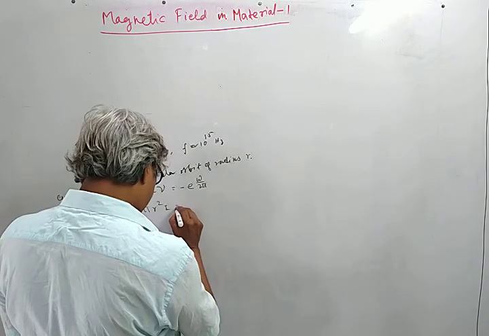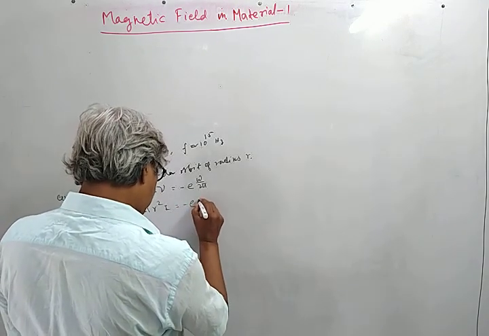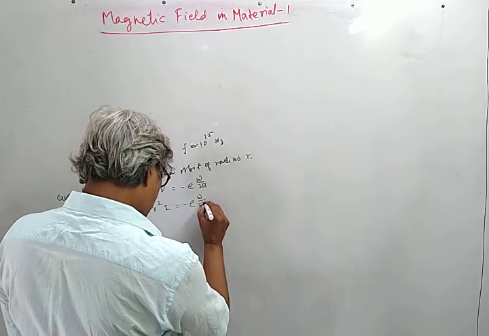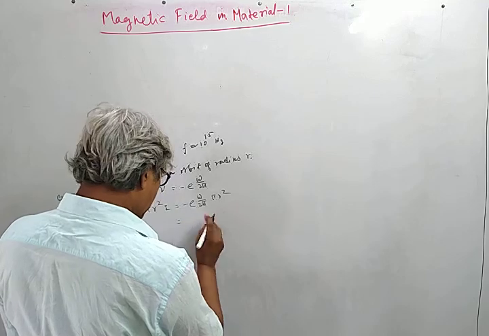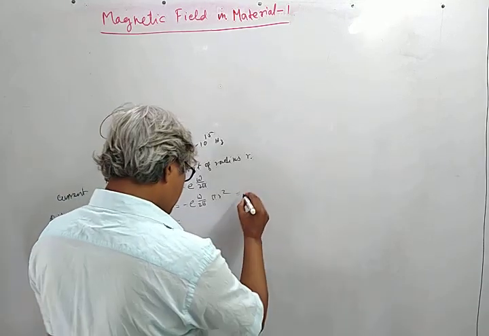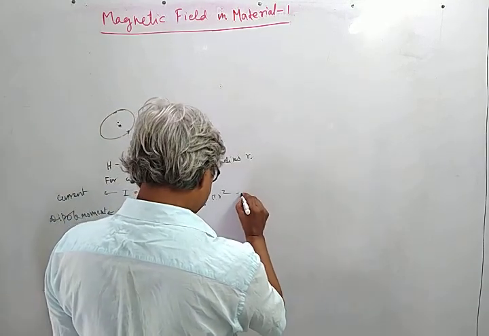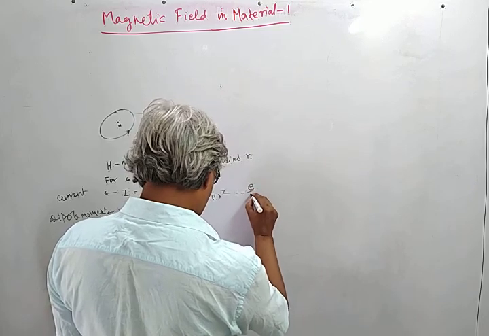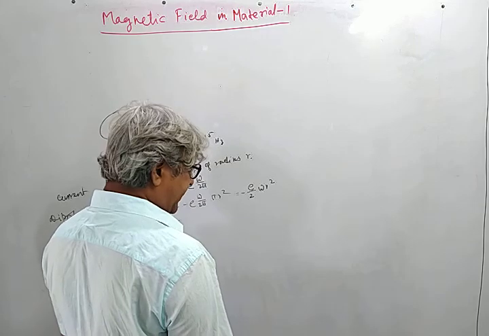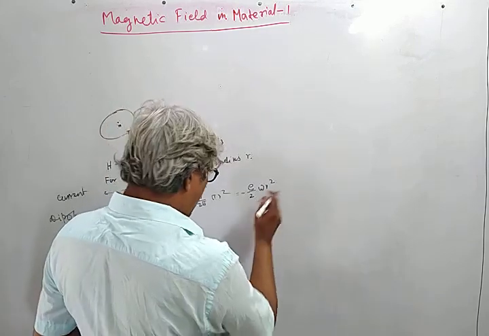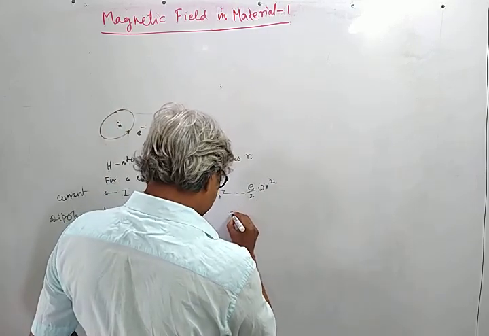This comes out to be minus e omega upon 2 pi into pi r square. So this is equal to e by 2m r square omega. Omega into r is the linear velocity.